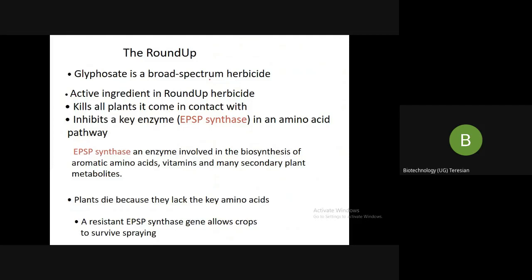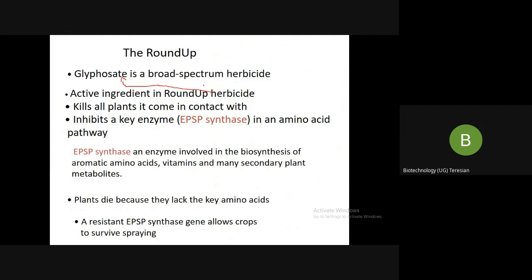Broad spectrum means it is going to kill most of the weeds. It is not like there are different types of weeds. It will be active against all the weeds. Which one? The glyphosate. So the active ingredient in the Roundup herbicide is glyphosate.